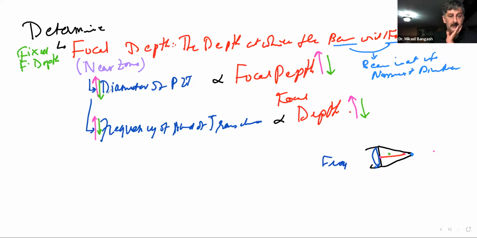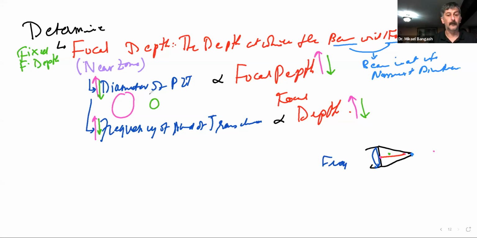One was the diameter of the PCT. What did we mean by the diameter of the PCT? Because the PCT either had a big diameter, which means that's a big PCT, or on the other hand, the PCT might have had a small diameter.